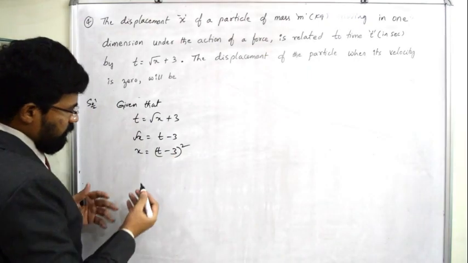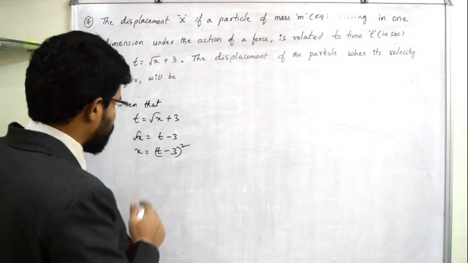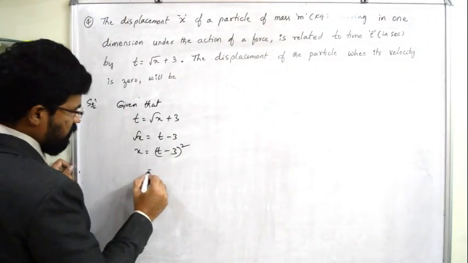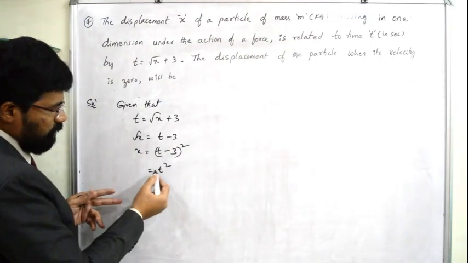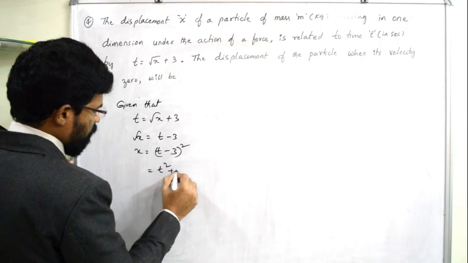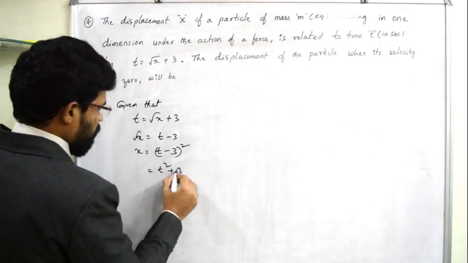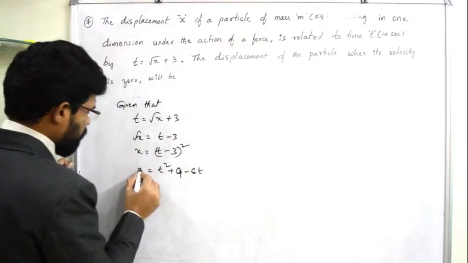Okay, since NEET people, most of the people, find it a little difficult with differentiation, I'll try to make it simple. I will expand this one. Here itself you can directly write 2 of t minus 3, but let me write t square plus 9 minus 6t. Okay, this is what x is.